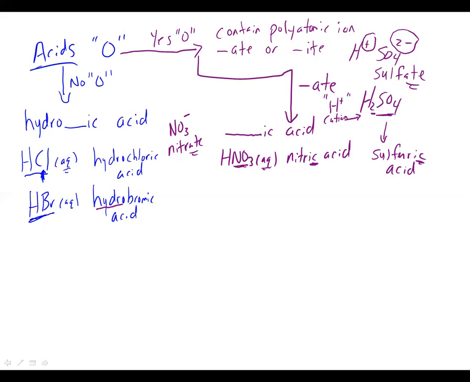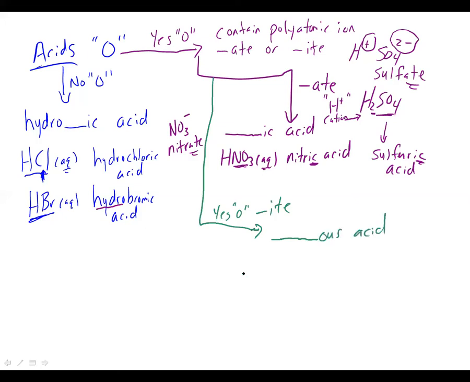Now, the other type of polyatomic ion, we'll go down this way with it. If the answer is still yes to oxygen and the polyatomic ion ends in ite, then the acid name is something OUS acid.